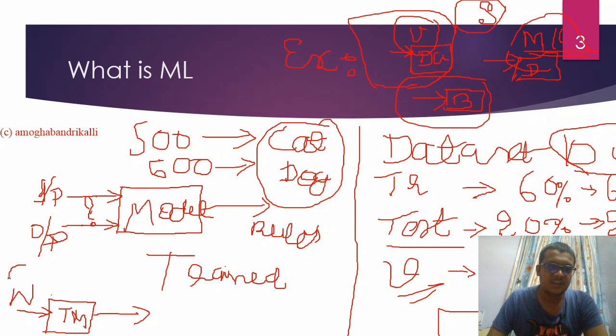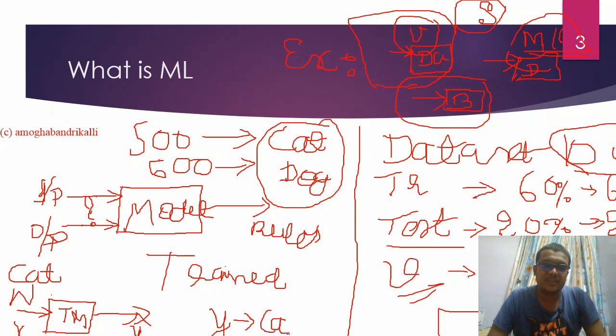Now you are given an image of a cat as new data. I consider the input as x, the predicted output from the machine as y dash, and the real output as y. Human beings know the real output, which is cat.